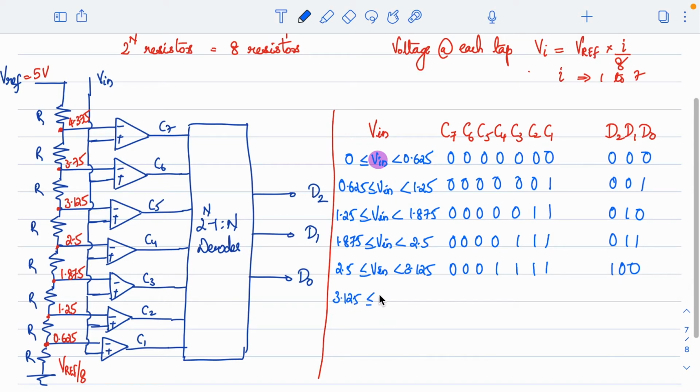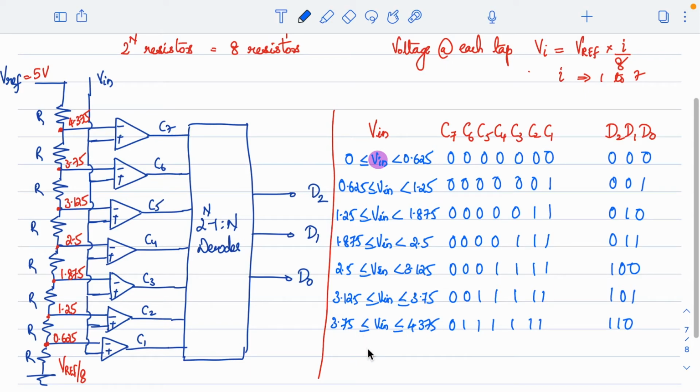When your input voltage is 110, I think I missed something here. This is 101. Now this is 110, and so this is in this range.